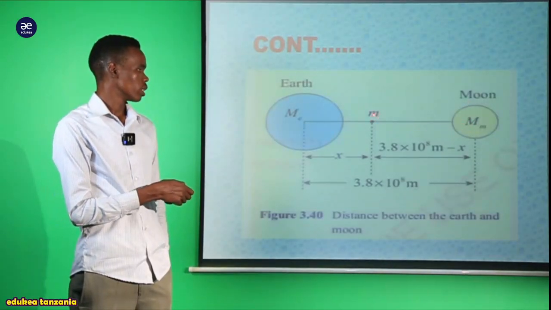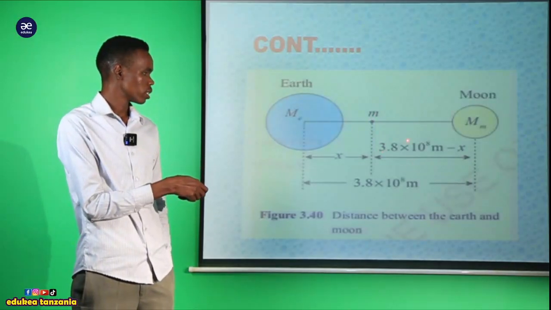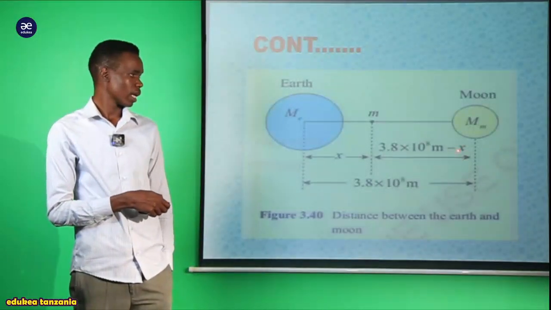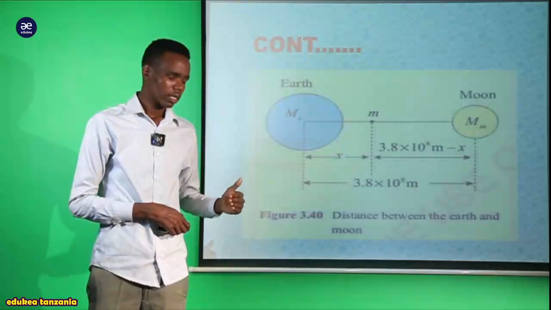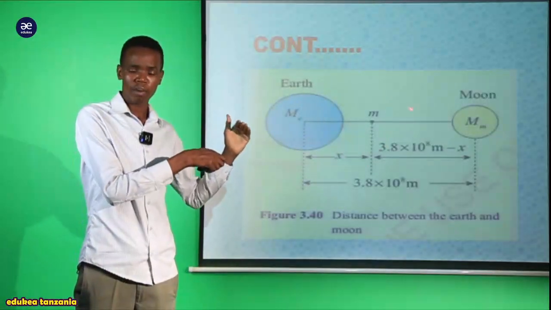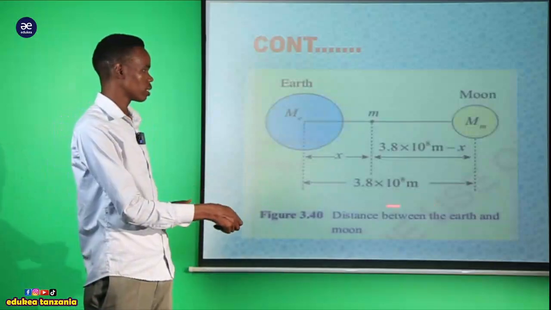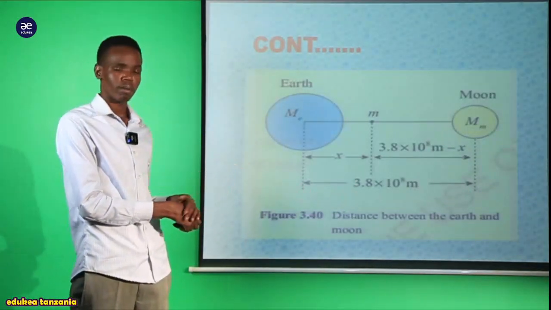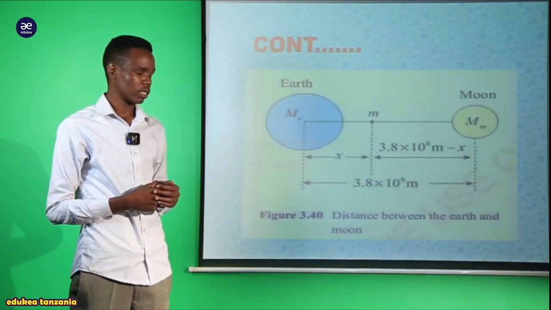The distance between the mass m and the moon, which is unknown, is equal to 3.8 exponent 8 minus x. Kwa tutakachokifanya kwanza, distance from the earth mpaka kwenye ile mass ilivyokuwa imewekwa pale, tutaleti ni sawa na x, lakini distance between these two mass of the moon and also the mass of the earth tumepewa ni 3.8 exponent 8.